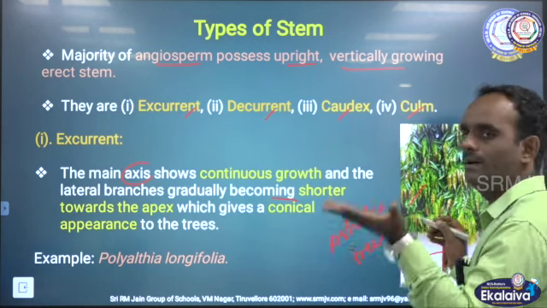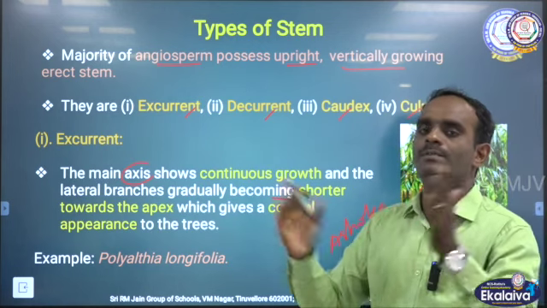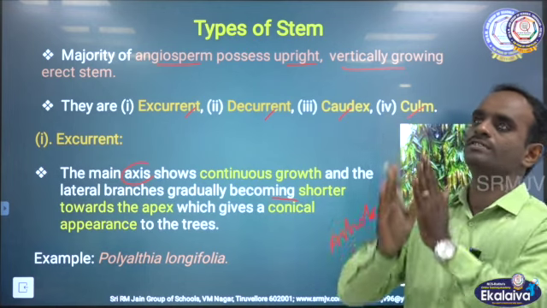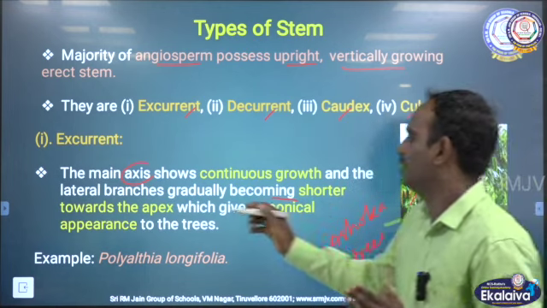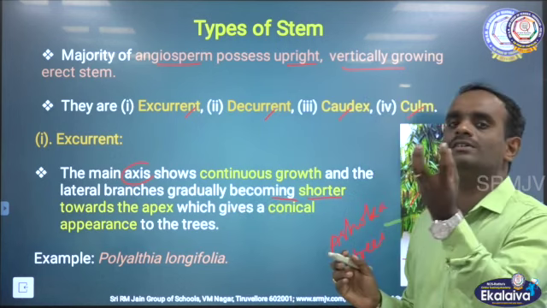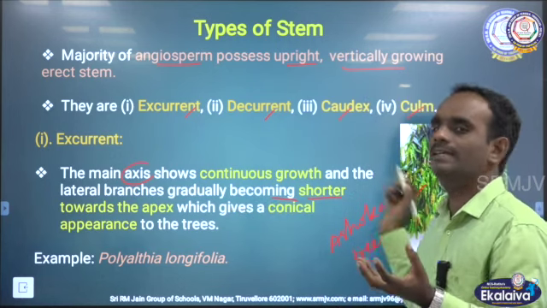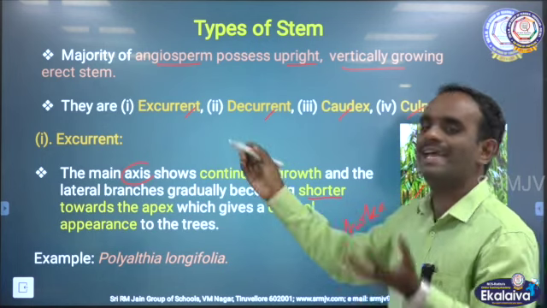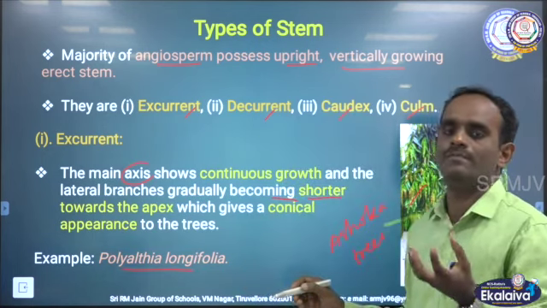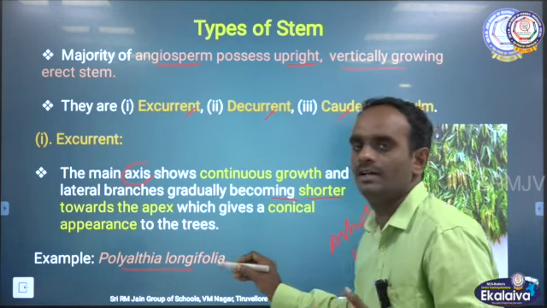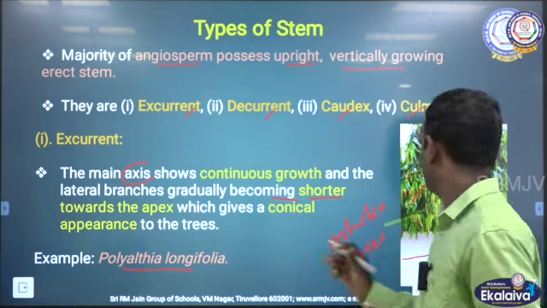So at the bottom it is very broad, and going upward to the apex it is much shorter. It looks like a cone. That type of stem is said to be excurrent. Example is Polyalthia longifolia. Polyalthia longifolia means Ashoka tree.